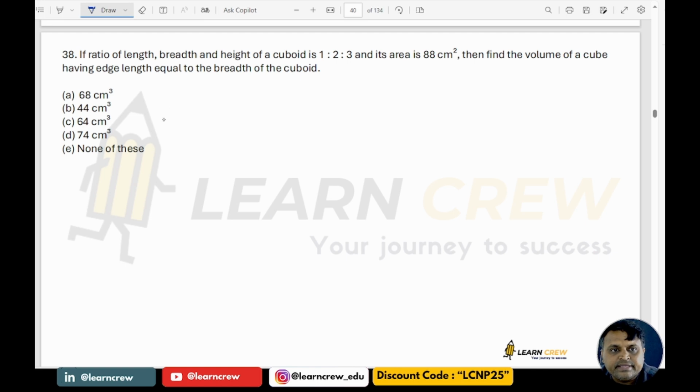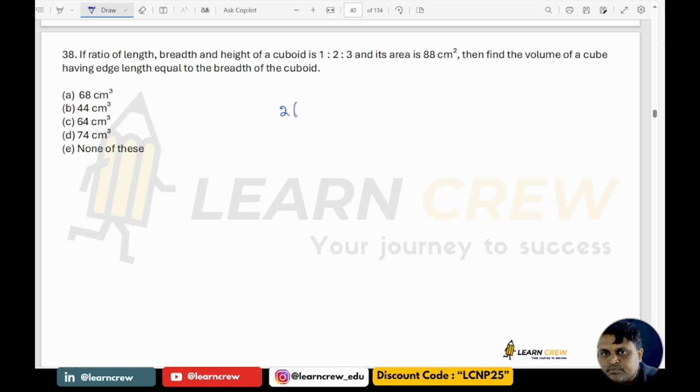Next, 38. If the ratio of length, breadth and height of a cuboid is 1:2:3 and its area is 88 centimeter square, then find the volume of the cube having edge length equal to breadth of the cuboid.